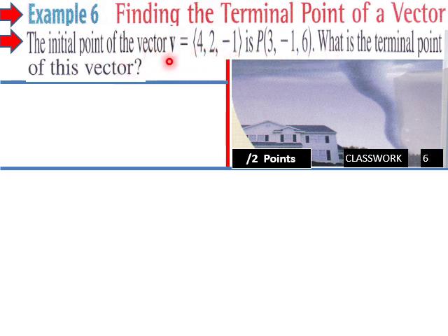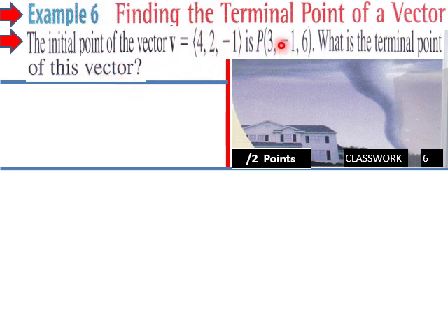The component form of vector V is 4, 2, -1. The point here is P, 3, -1, and 6. This is the initial point. What is the terminal point of this vector?